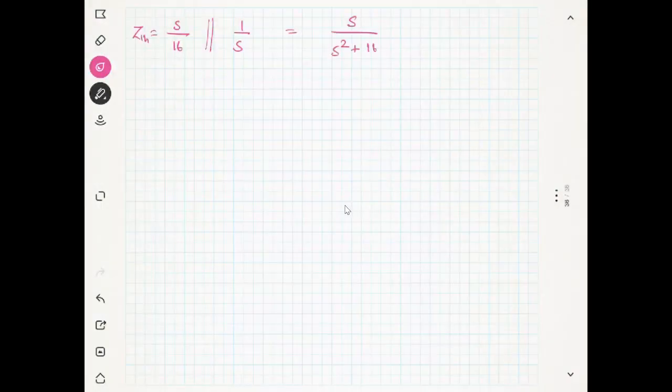In Laplace transform, if you want to find the frequency response, as a function of frequency, just put S equal to j omega.